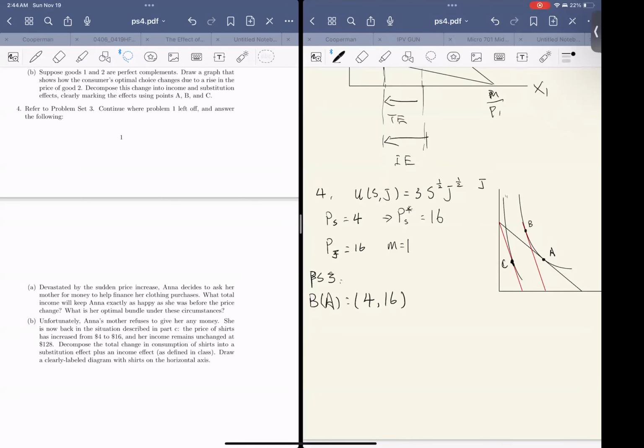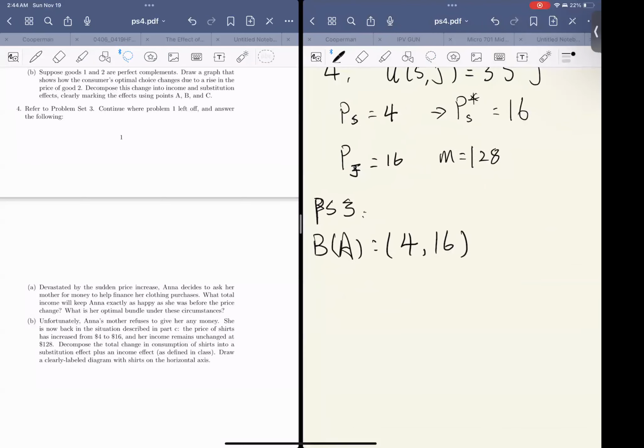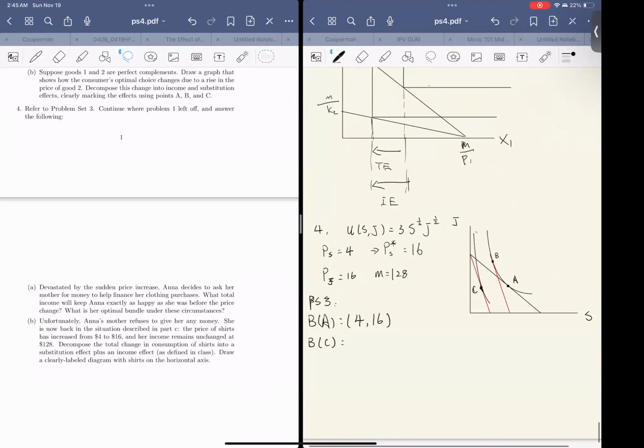What am I looking at? Oh, 128. Right. So bundle A is 4, 16, and bundle C we get 4 and 4.